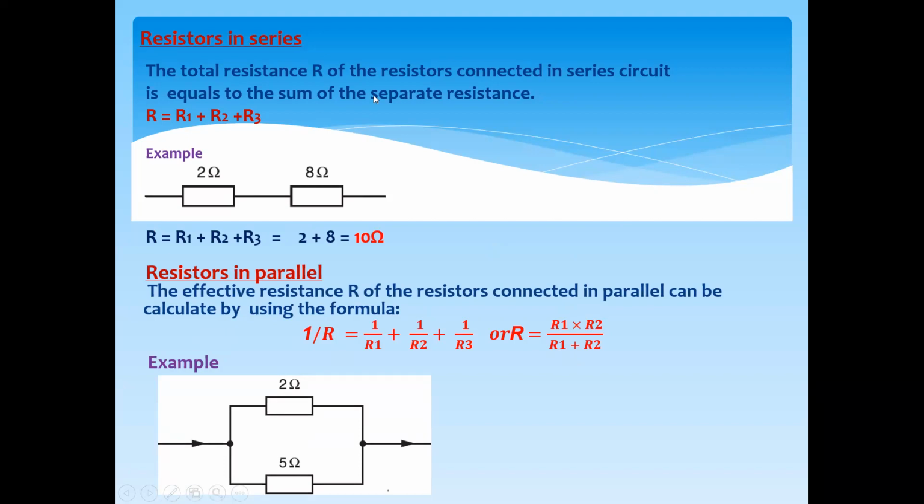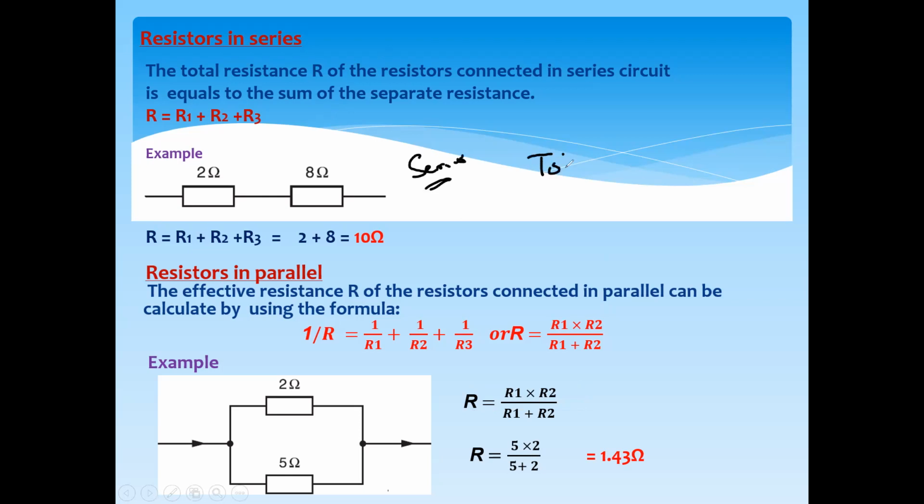The combined resistance will be 2 multiplied by 5 divided by 2 plus 5. The product is 10 and the sum is 7, so it will be 10 divided by 7, which equals 1.43.